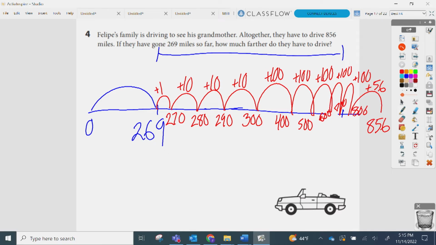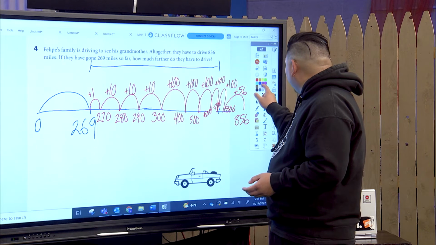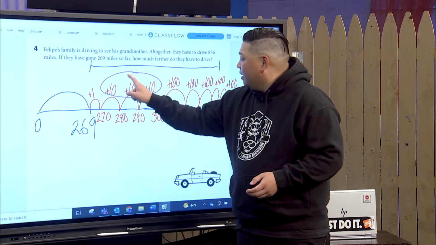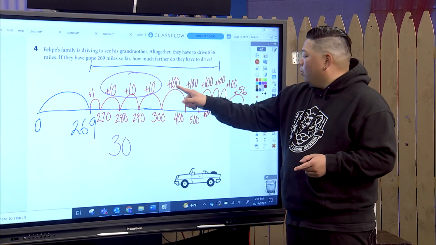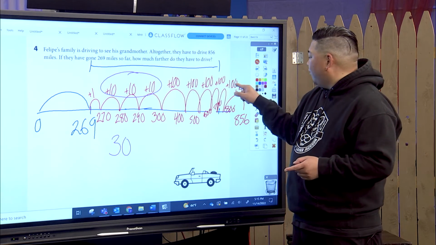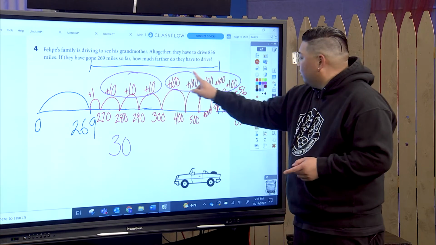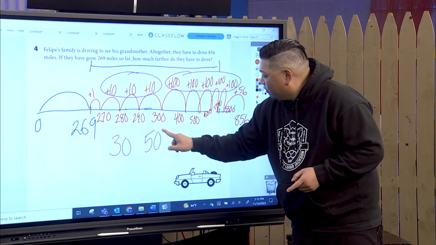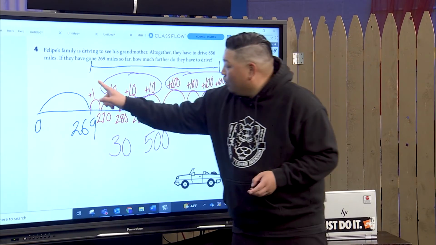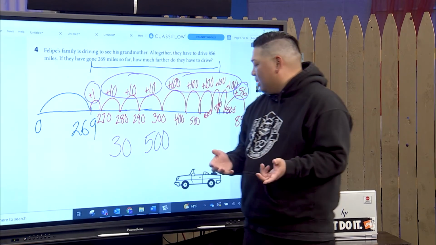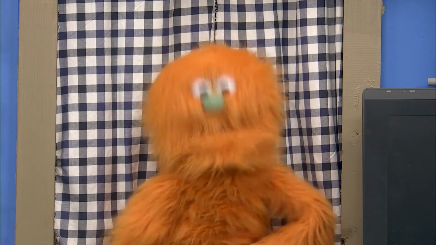Now we have one more thing to do, which is add up all the numbers we have. Let's group the similar numbers together. We have 3 groups of 10, that's 30. And how many hundreds did we have? 1, 2, 3, 4, 5, so that would be 500. And then we had a 56 and a 1, which we can put together. 56 plus 1 is 57.